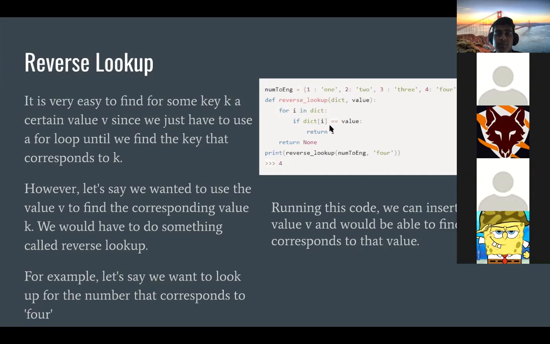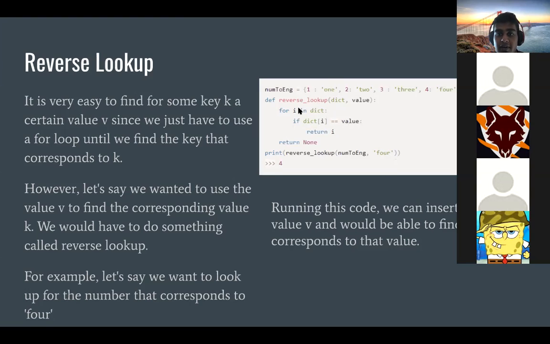And then basically what we do is we say for i in dict, for every single pair, if dict[i], so if the value equals the value we're looking for, then return i, or return the key. So basically keep on going through the dictionary. It'll say for i in dict, so in this pair, if dict[i], so if "one" equals "four", it doesn't.